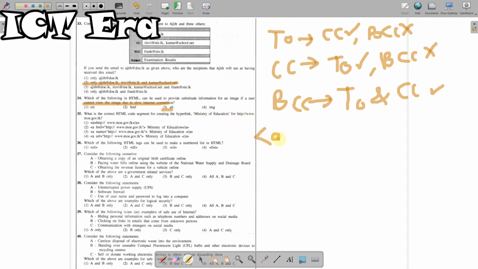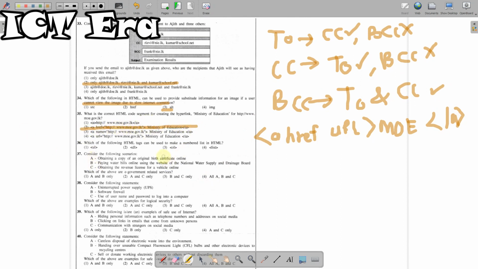First of all, A, href, then we have to copy this title. Okay, I will write here URL and we have to close the tag, and then we have to write MOE, Ministry of Education. Then we can close the A. So this is the way we have to write. So answer should be this one, no. Second one.